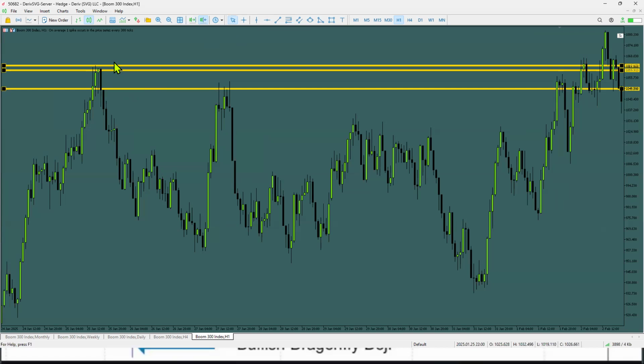This is a supply zone, right? And then you have a doji star coming from a supply zone.